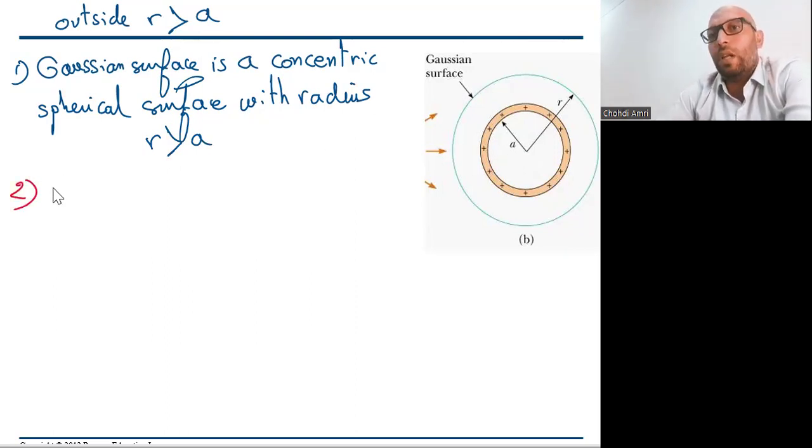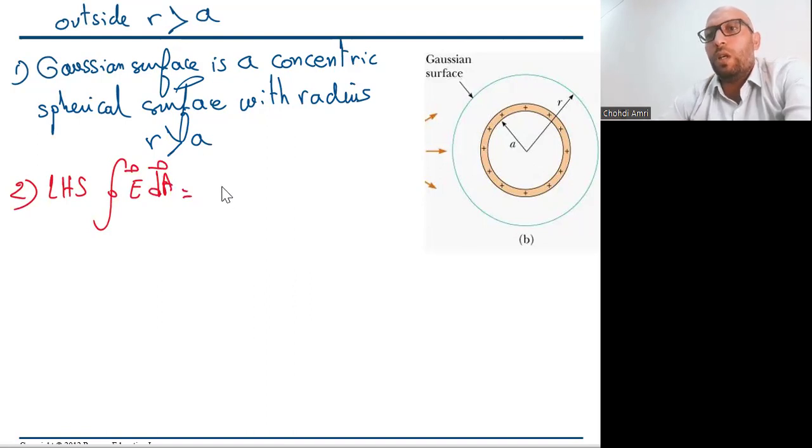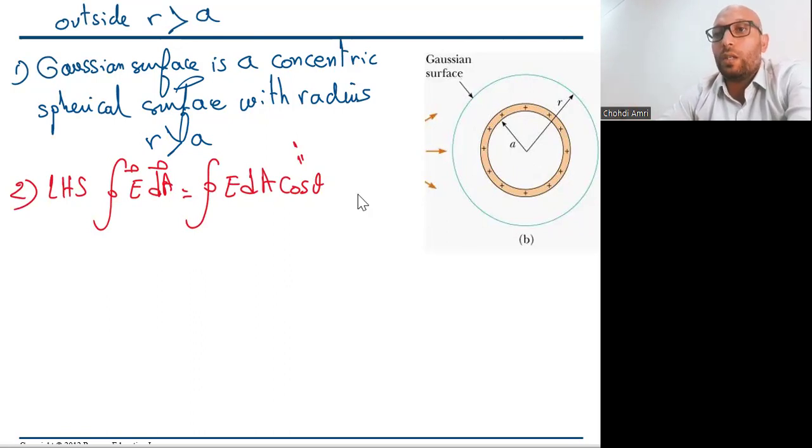Second step, left-hand side, integration of E dA, which is equal to integration of E dA cosine theta. As usual, we said cosine theta is 1, so we will write this term equal E 4 pi r squared.